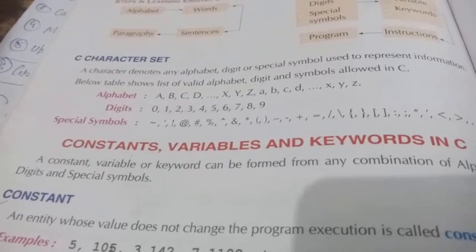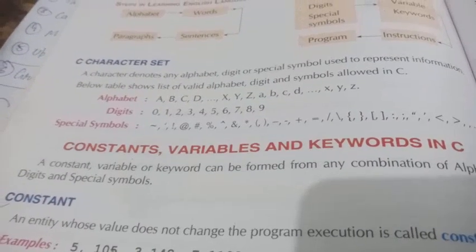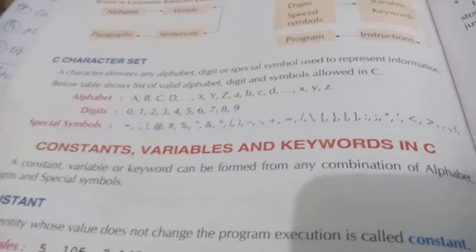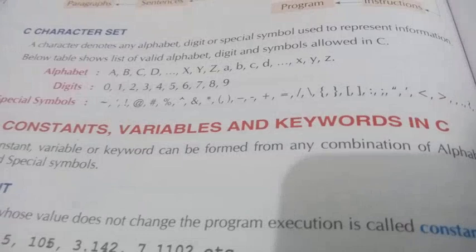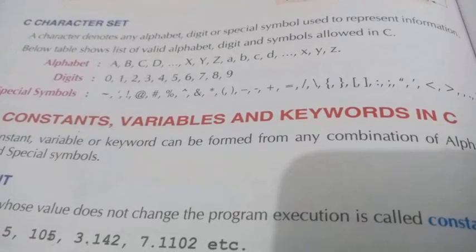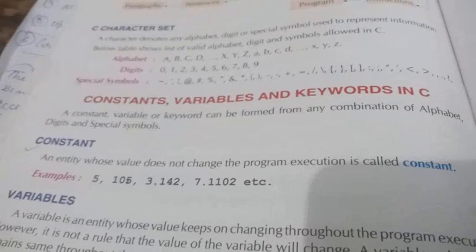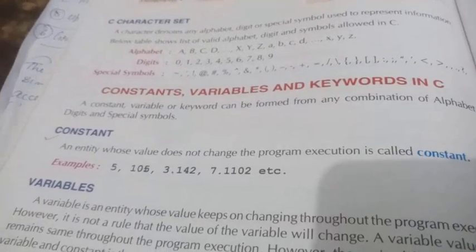Then digits 0 to 9. And if we talk about special symbols, here hyphen, at the rate, hash, ampersand, and lots of special symbols are available. Now we will talk about constants, variables, and keywords in C.